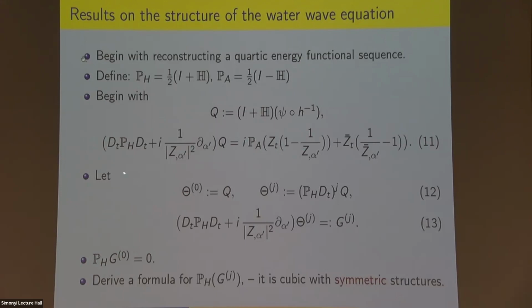Then we perform a sequence of quantities: every time you take a material derivative, you then take a projection. Acting this operator on these quantities, we can find a very nice equation, cubic with symmetric structures.